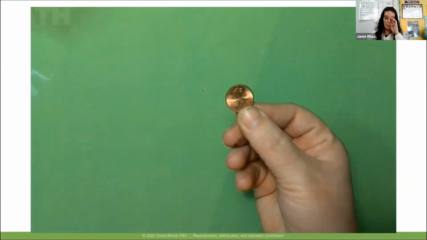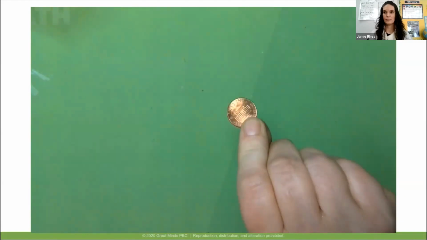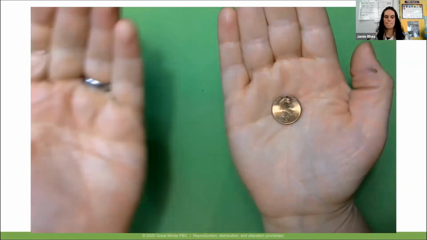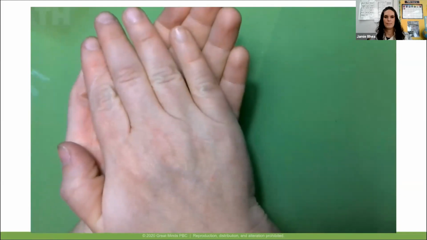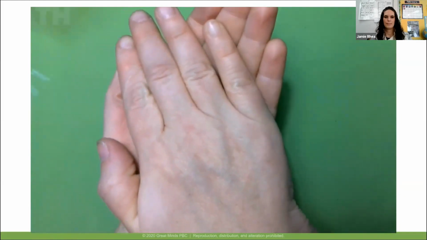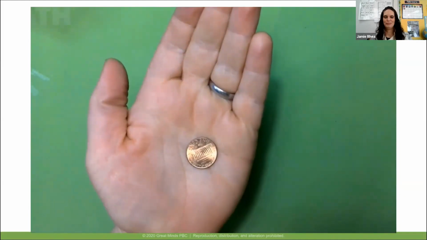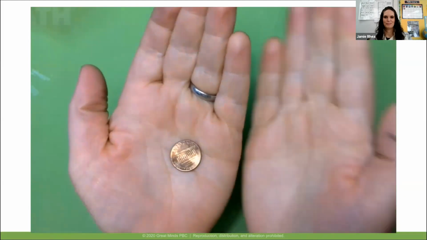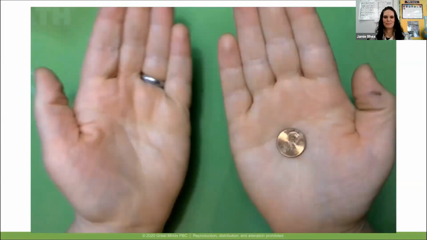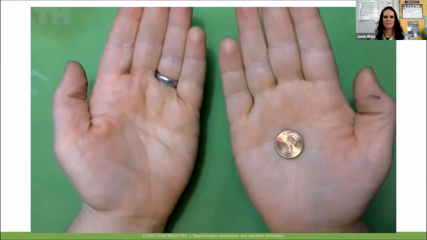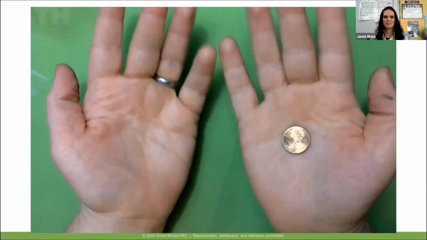This is an ordinary penny. It's got heads on one side and tails on the other. Now, normally, if I put the penny in the palm of my hand, heads up, and I clap, what would we expect to see when I pull my hand away? Tails. And it is tails. However, when you show magic wiggly fingers like this, everyone do this.